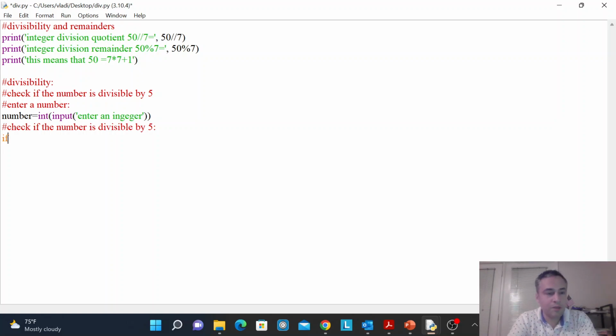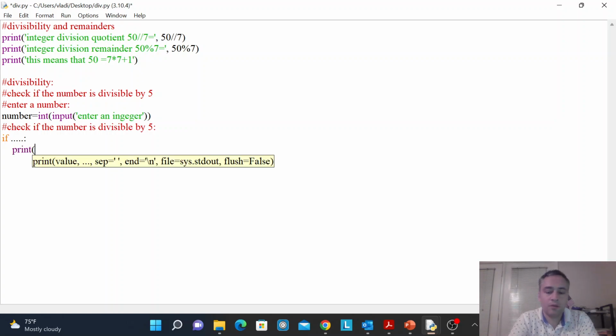So there should be an if, and there should be your favorite boolean. If something, print number is divisible by 5.